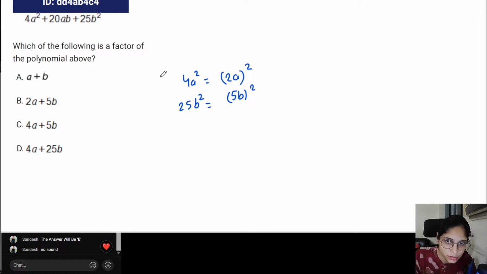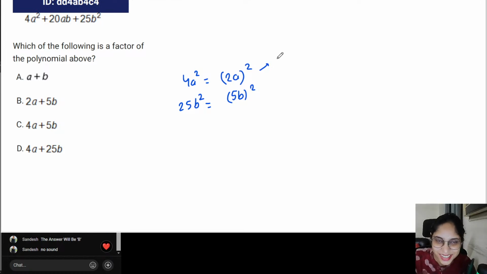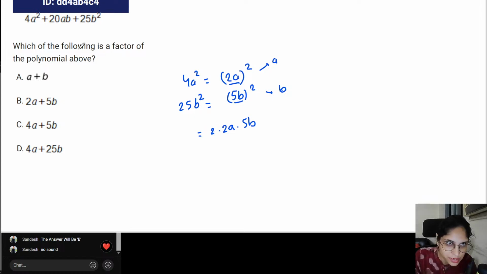Now you check the middle term. Because they are using a and b, it is a little confusing, but this entire thing is going to be your A and this entire thing is going to be your B. Now you multiply these numbers with 2: 2a times 5b times 2, and check if it equals 20ab. 2 times 4 times... 20ab. This is equal to 20ab.